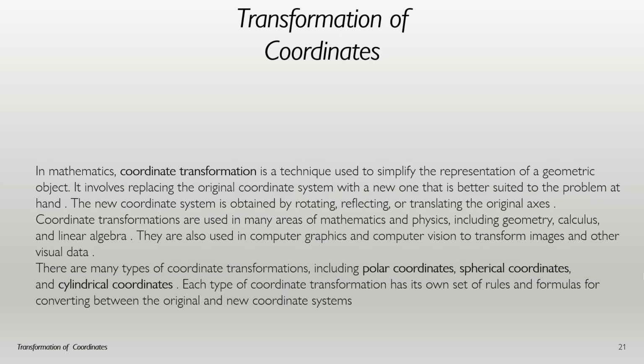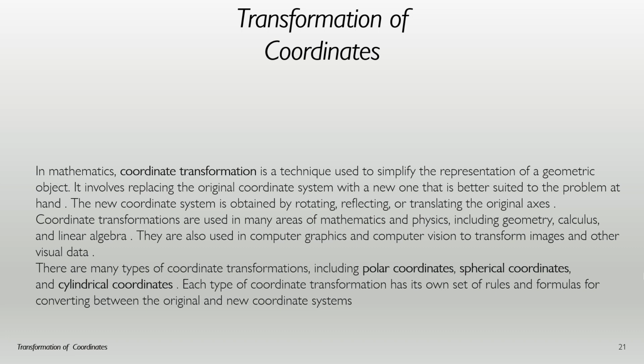In mathematics, coordinate transformation is a technique used to simplify the representation of a geometric object. It involves replacing the original coordinate system with a new one that is better suited to the problem at hand.